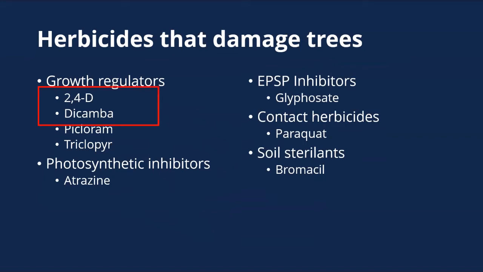Again, since we're really talking about this off-site movement drift of agricultural herbicides, those are the two that seem to do that the most that we have in Illinois. You know, the ester formulation of 2,4-D and then dicamba. Those two herbicides seem to be the ones implicated in a lot of this widespread damage of trees that we're seeing.